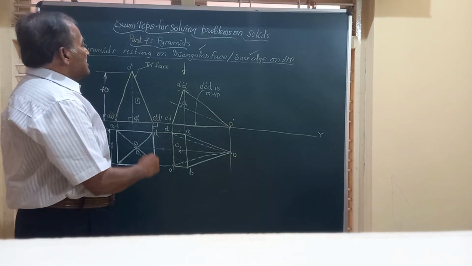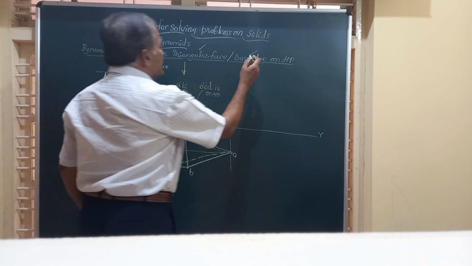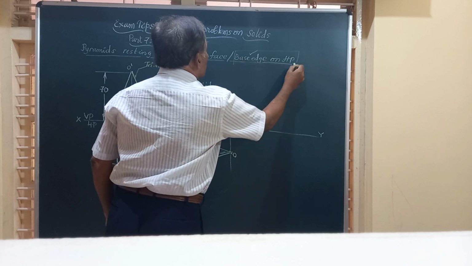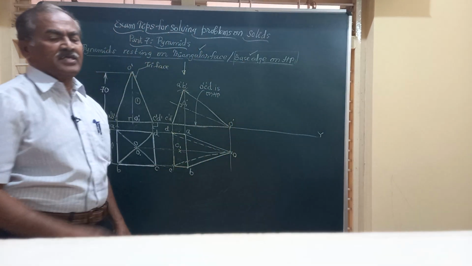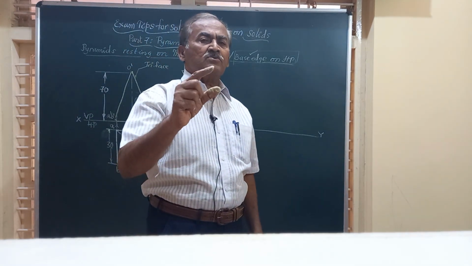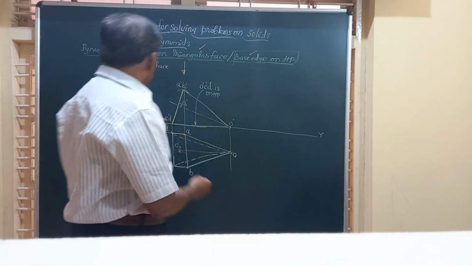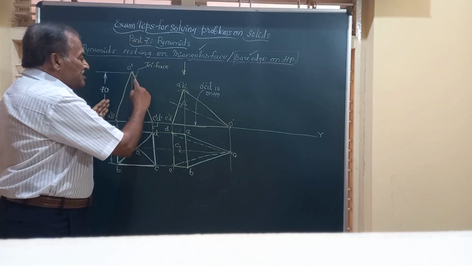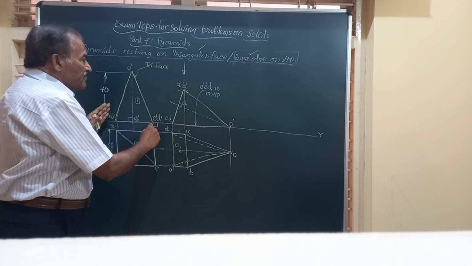Next, friends, let us take up the second case in the same figure. I will show you what happens if it is resting on one of the base edges. I told you, friends, whenever it has to rest on one of the base edges, the base edge has to be to your right side. And friends, this is the triangular face.